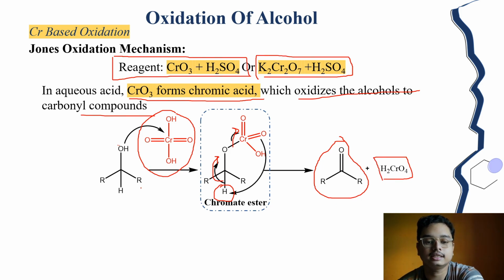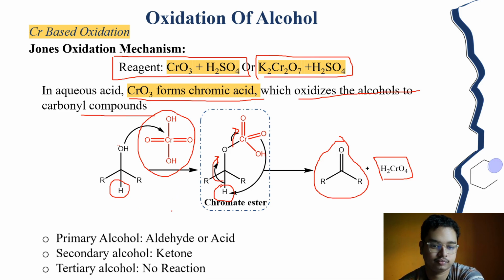And interestingly, Jones reagent is only able to oxidize an alcohol if it contains at least one hydrogen here. That means tertiary alcohols do not undergo oxidation in presence of Jones reagent, and we can easily explain that via this mechanistic pathway.